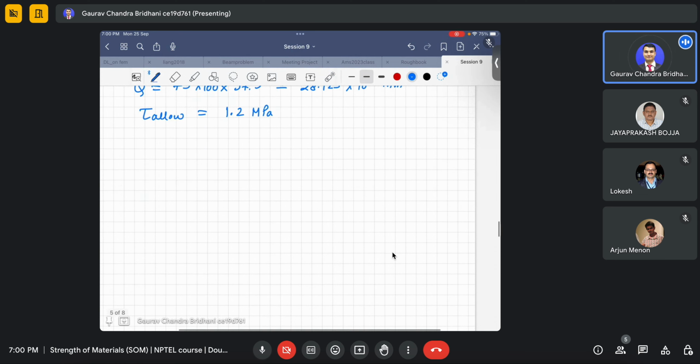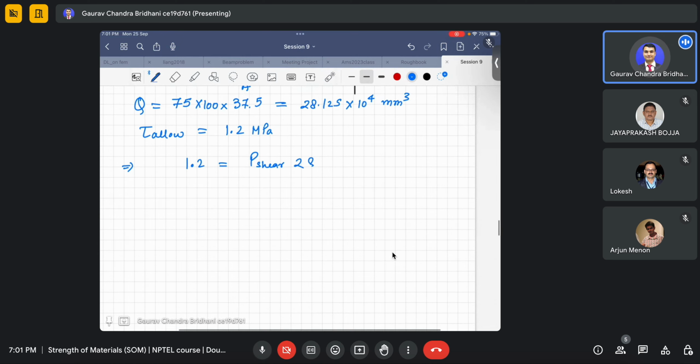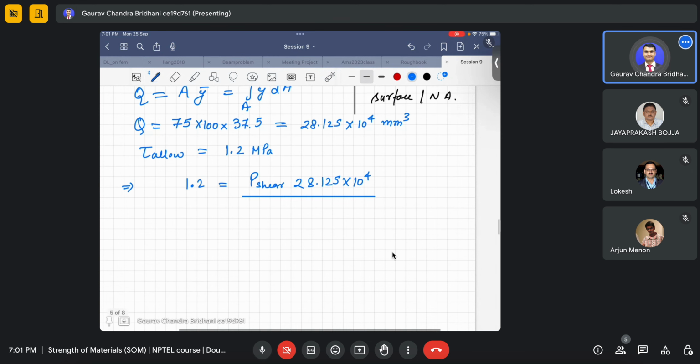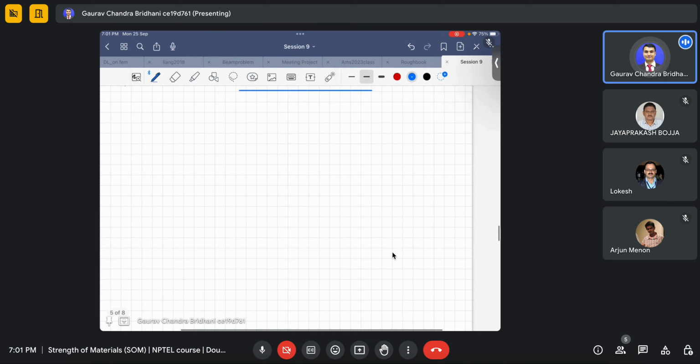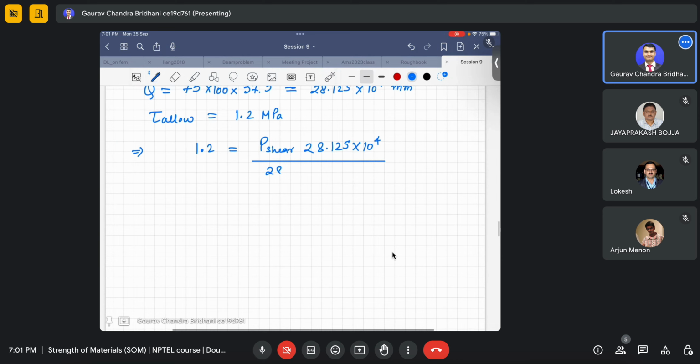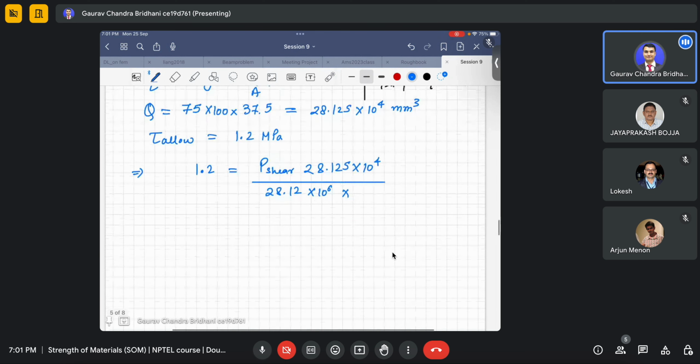So I will put everything here. 1.2 equals V, which I don't know, so P shear, times Q, which is 28.125 into 10 to the power 4, upon I_ZZ, which is 28.125 into 10 power 6, and this into b, which is 100.